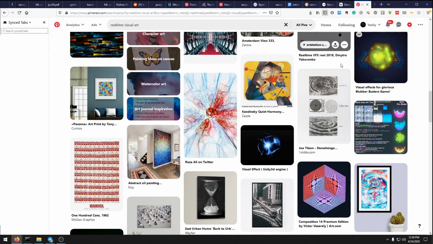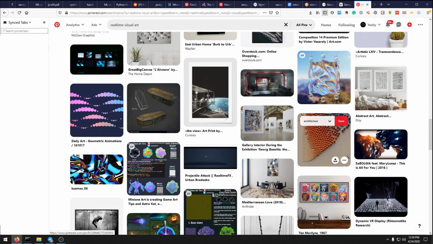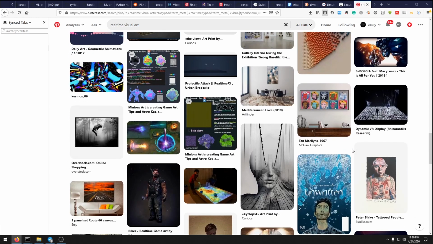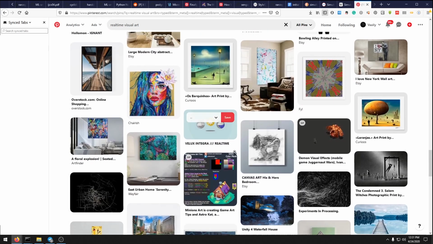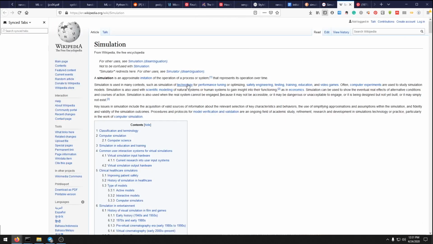We have technology and engineering where we do simulation to test or to design a product. The growth of computer science and technology gives us the ability to do this kind of simulation.